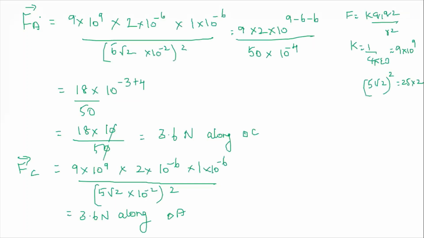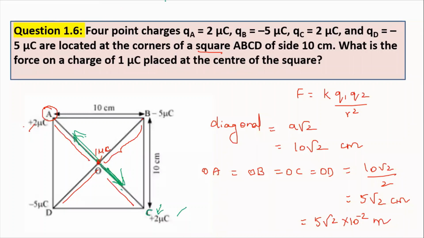So force at B. Now we'll see the diagram. If you can see, this is a negative charge which is at B. Okay, negative charge. This is a positive charge. That means what will happen? This positive charge will be attracted towards the negative charge of greater magnitude.